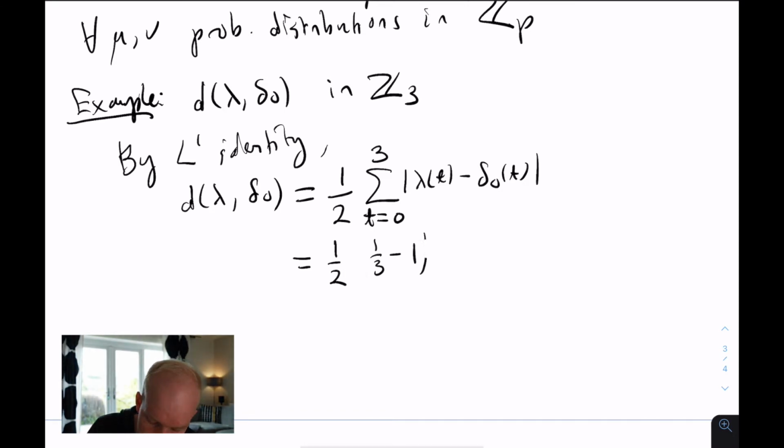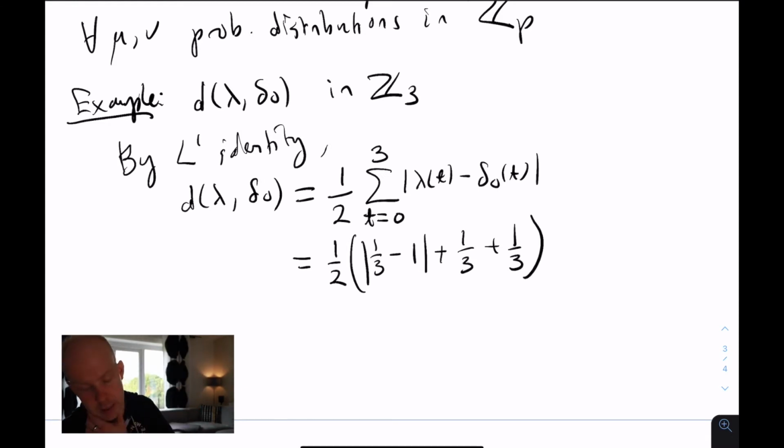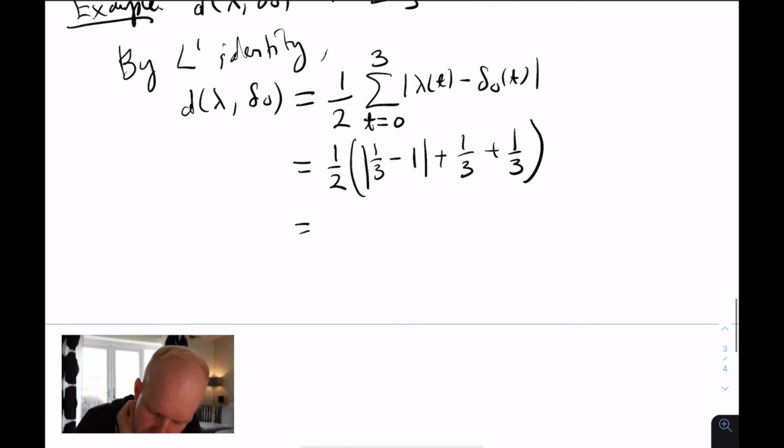Actually, I need to use the absolute value. And then plus, lambda t at 1, that's 1/3. And then plus 1/3, because the distance at the Dirac mass is 0 at other points. So now if you just compute this example, this is 1/3 minus 1, which is minus 2/3, and the absolute value is 2/3.